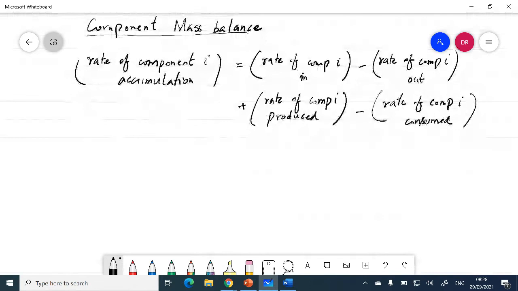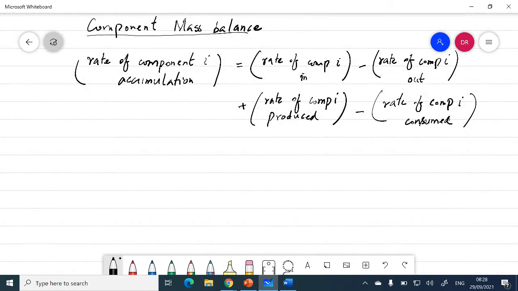Okay, so this is the component mass balance, and I think I already explained what we have to keep in mind for concentration. We know that concentration is more related with number of moles, because number of moles are related in a chemical reaction. So that's why for concentration we will write the molar balance instead of mass balance. Let me define here the mole.